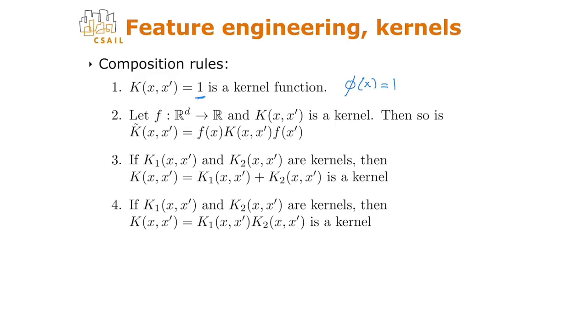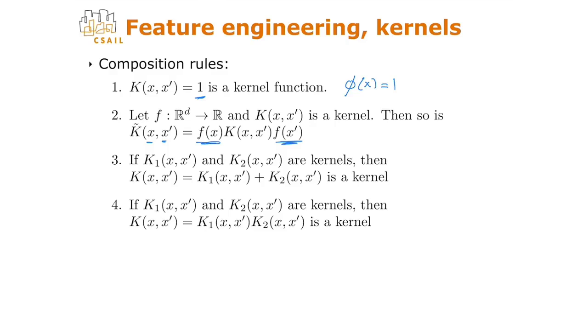If you pre and post multiply a kernel by any scalar function f of x, so the kernel is evaluated between 2 examples, and you multiply that kernel with f of x and f of x prime, the resulting thing is also a kernel.